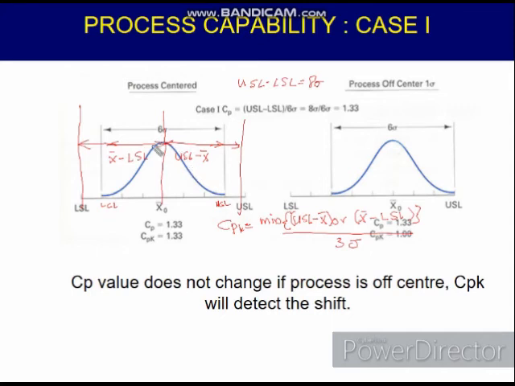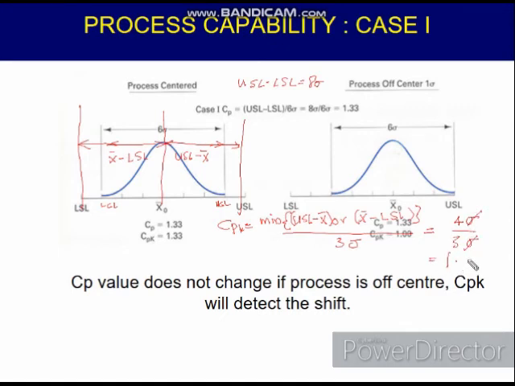So this value, where either X bar minus LSL or USL minus X bar, they're the same if the process is centered. So with this calculation, this will be 4 sigma divided by 3 sigma, then sigma cancels out.